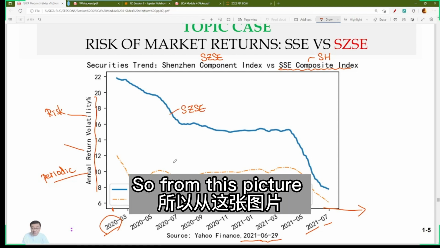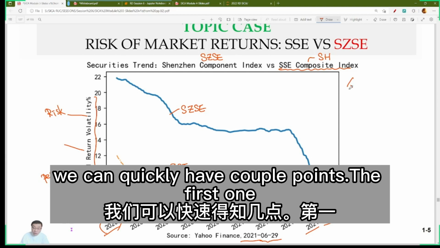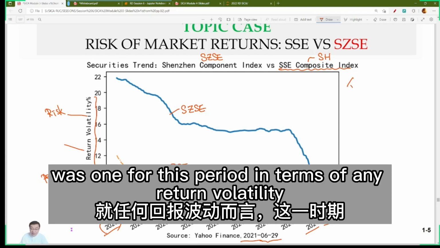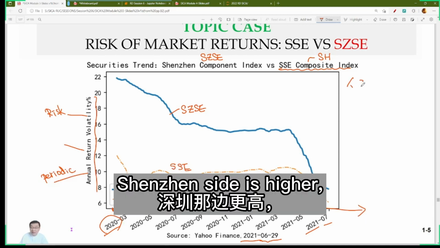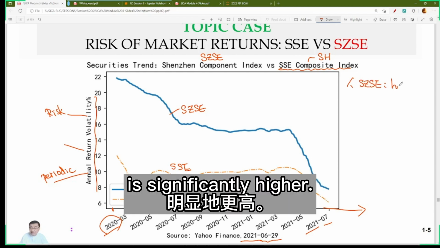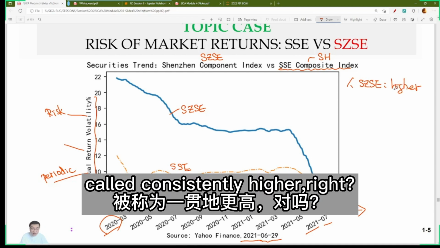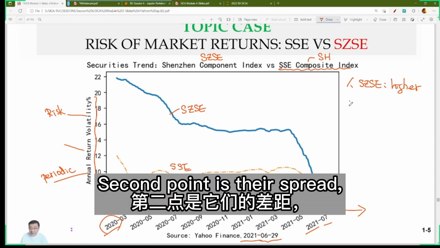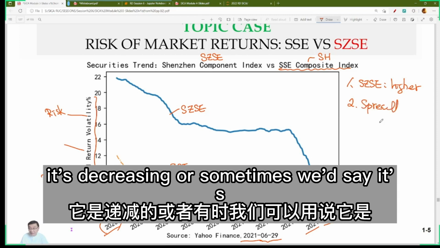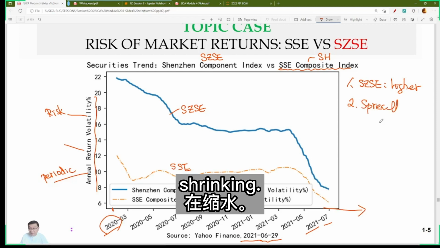So from this picture, we can quickly get a couple of points. The first one is that for this period, in terms of annual return volatility, the Shenzhen side is significantly higher, or consistently higher, right? The second point, the spread is decreasing, or sometimes we say it's shrinking.